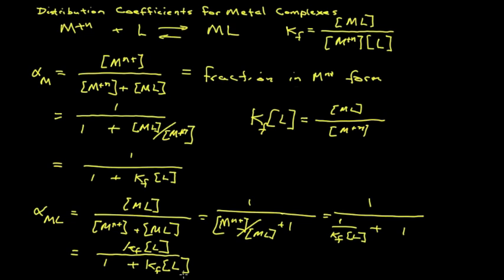Once again, we get an expression that has a similar denominator to the fraction we were using for the metal itself, and the term in the numerator comes from a term in the denominator. Let's look at a little more complicated case.